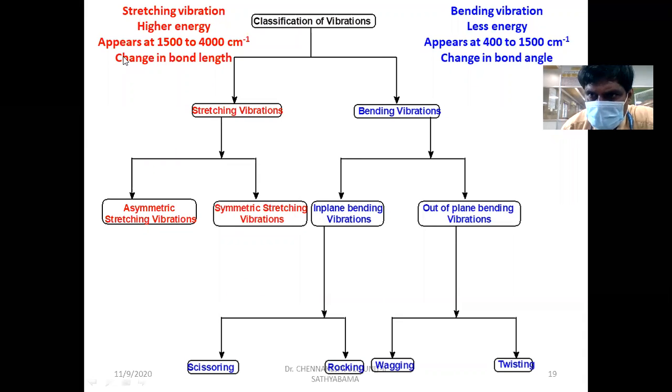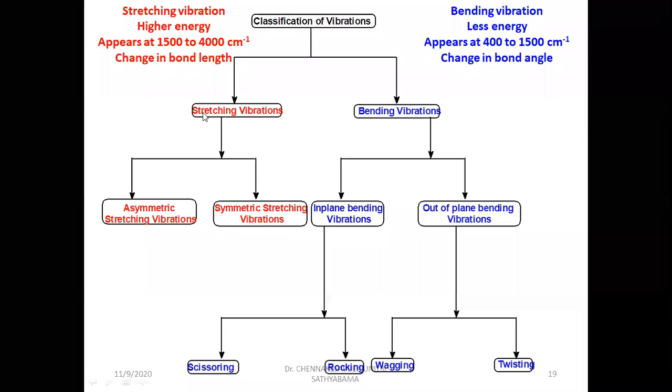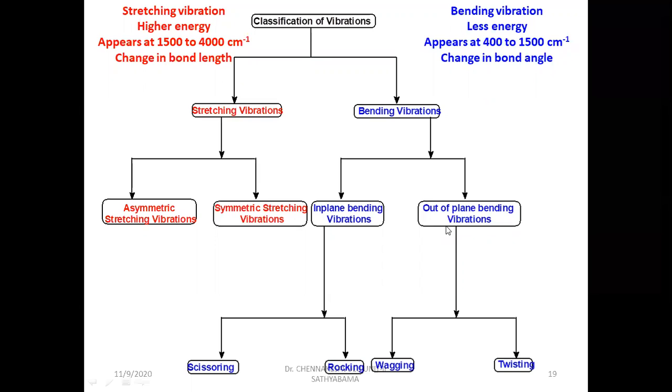We will now discuss the difference between stretching and bending. A change in bond length is stretching, and a change in bond angle is known as bending vibration. Again, bending vibrations are classified into in plane and out of plane.